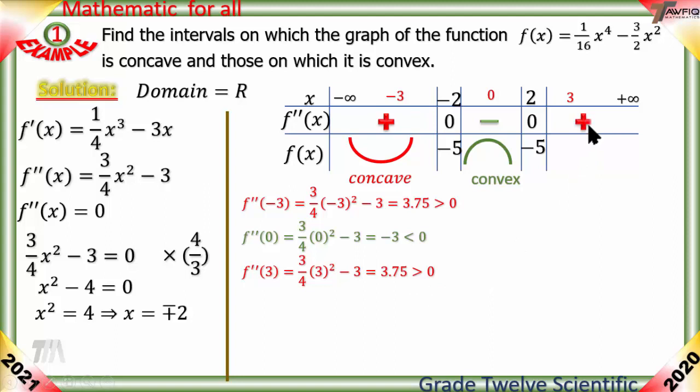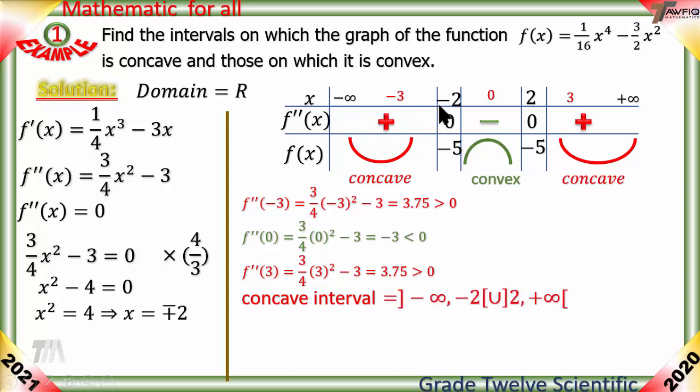That means it is positive, so it is a concave interval. The concave interval is from minus infinity to minus 2, union from 2 to positive infinity, and the convex interval is minus 2 to 2.